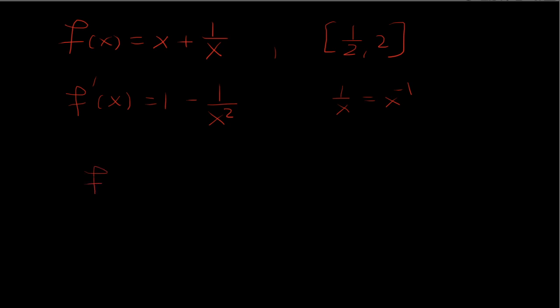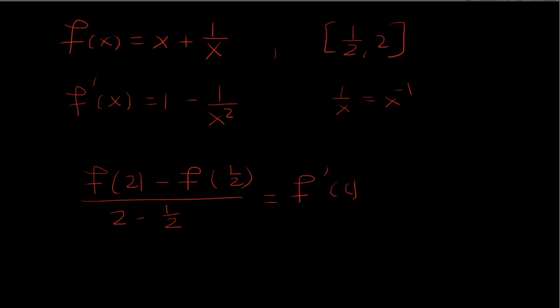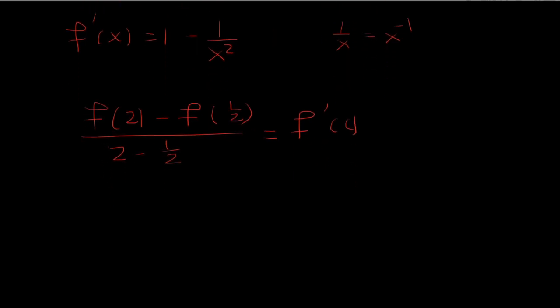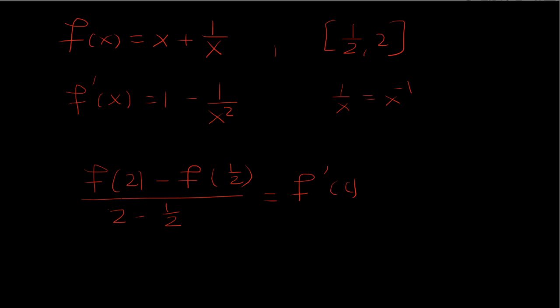Now we're setting the slope of the secant line equal to the slope of the tangent line. For that, we need the endpoints, and we're going to plug in c for the derivative. First, f of 2. If I plug in 2, I get 2 plus 1/2, that's 2.5.